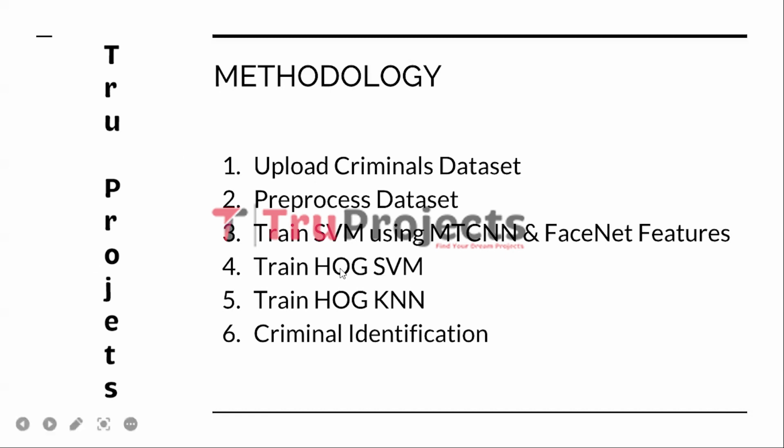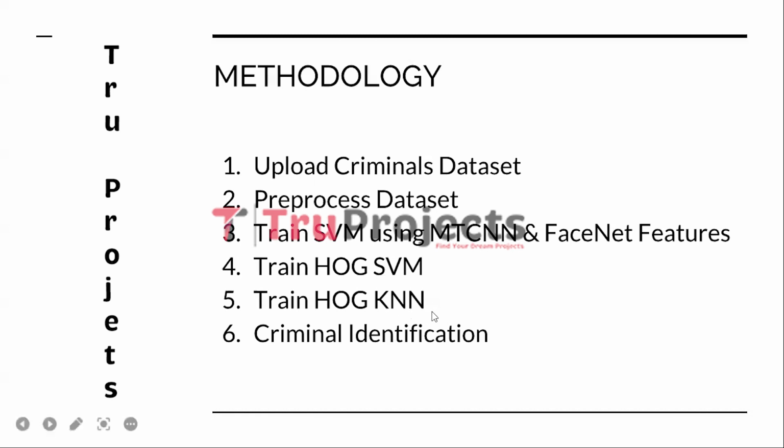And the fourth module is Train the HOG SVM. In this module, the SVM is trained with the HOG technique and the model will be trained with 80% of the dataset, and the trained model will be applied to the remaining 20% of the images to calculate the prediction accuracy.